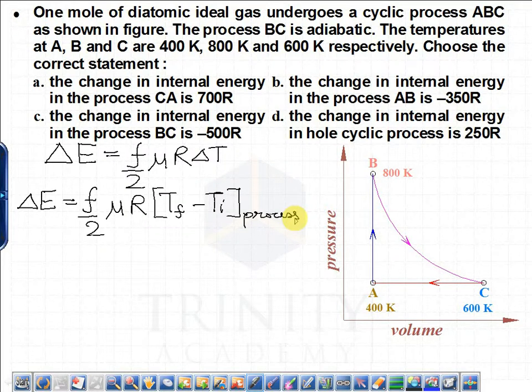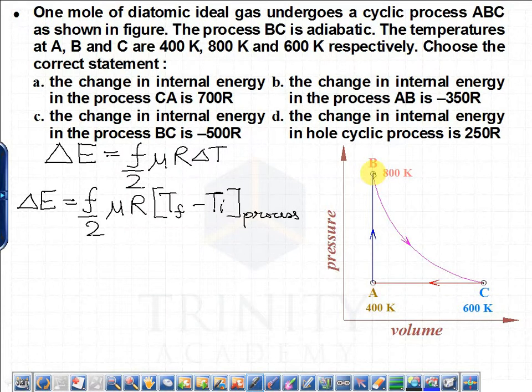The most important point regarding the change in internal energy is it does not depend on the actual process followed, but it depends only on the end points of that process. That means if we consider the change in internal energy, clearly we can see process AB is an isochoric process. Process BC is given to us as an adiabatic process.